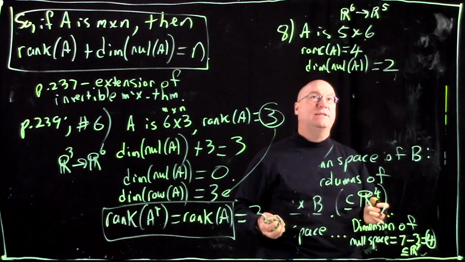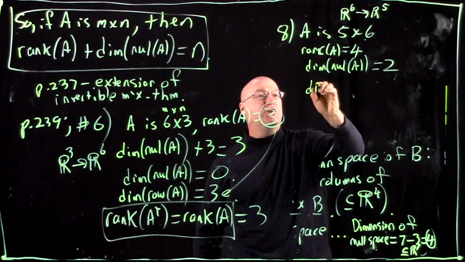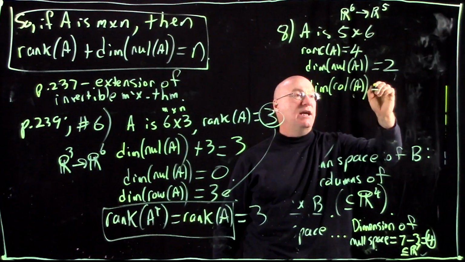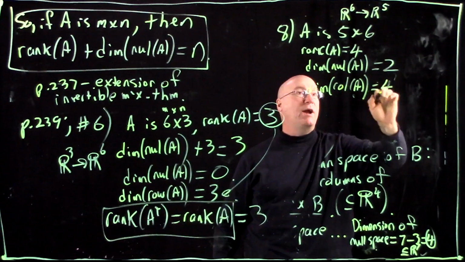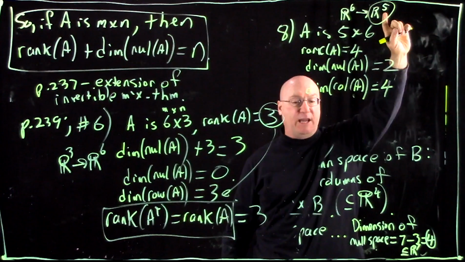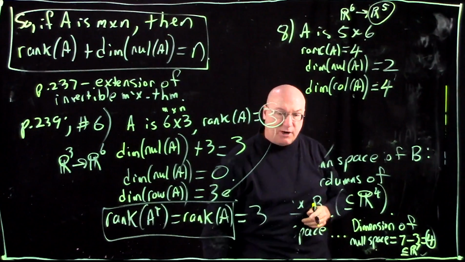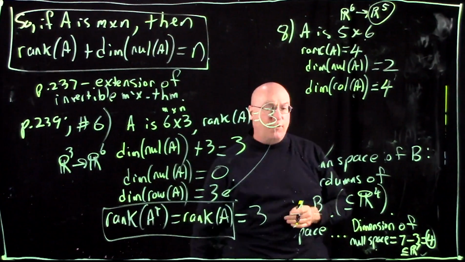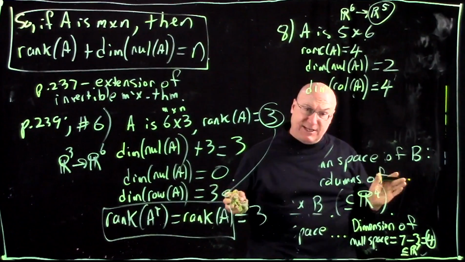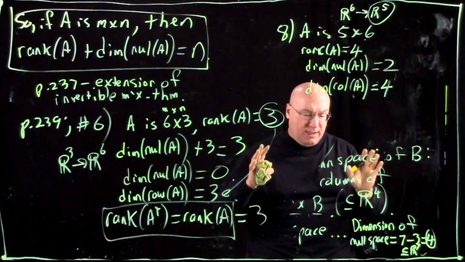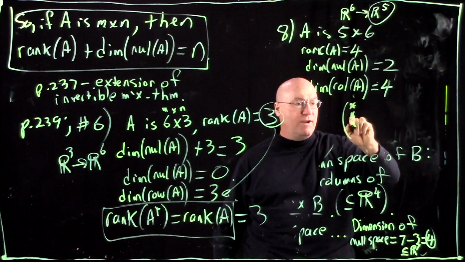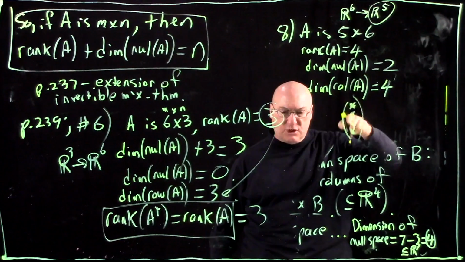Why or why not? Okay, that's a good question. The dimension of the column space of A is the same as the rank, which is 4. So over here in R5, I'm looking at a 4-dimensional subspace of R5. Is it R4? It isn't exactly R4, because R4 would only give you vectors with 4 entries, right?